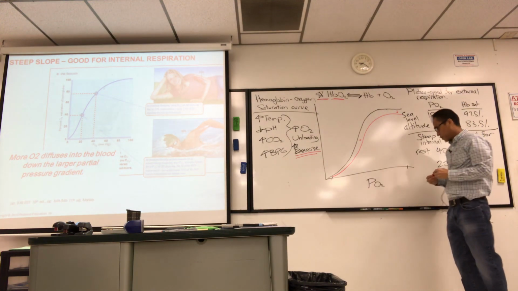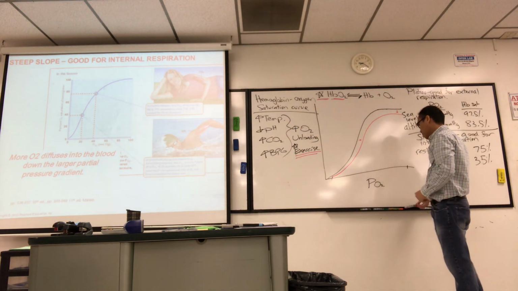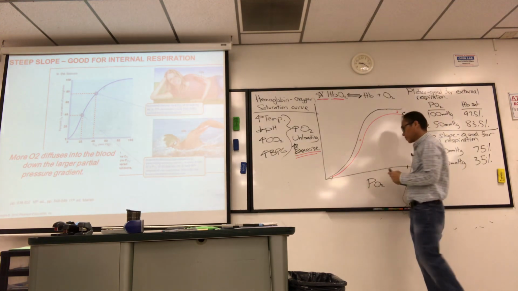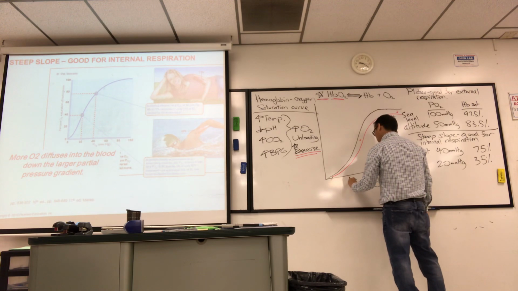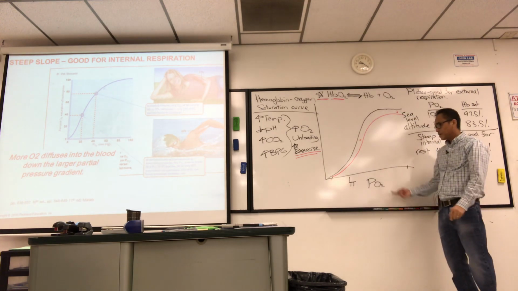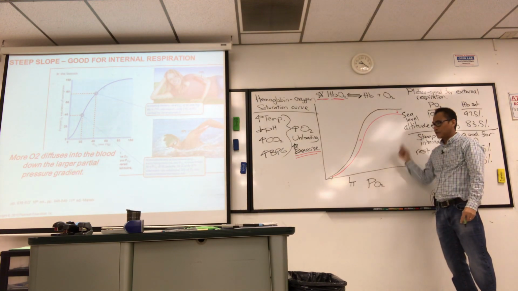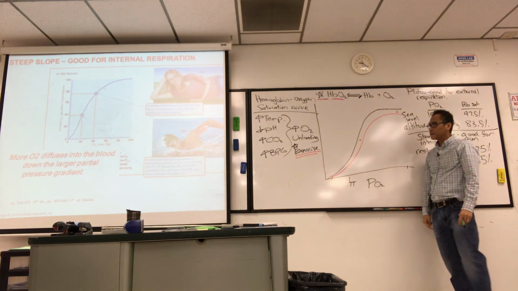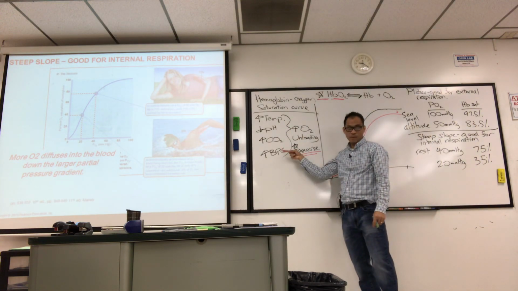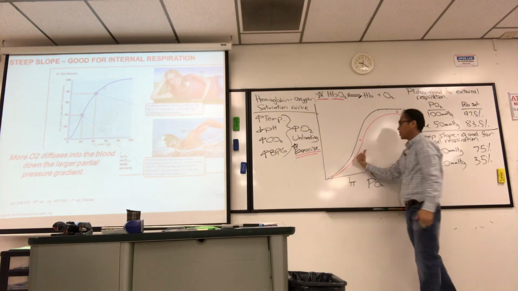I use a chair analogy. Under normal conditions, say you're at rest. It's like you're sitting in a regular flat chair. It's as easy to get in the chair as it is to get out of the chair. But when you exercise and you change this metabolic profile, you take the whole curve and you shift it.